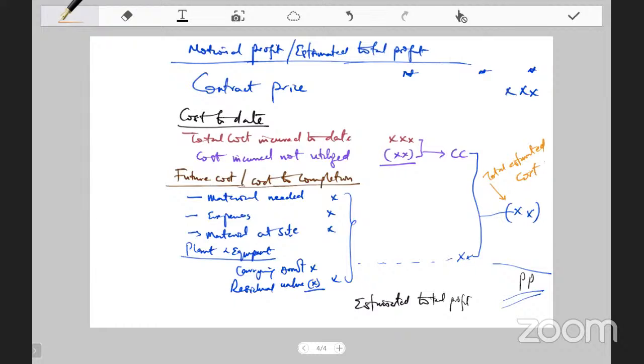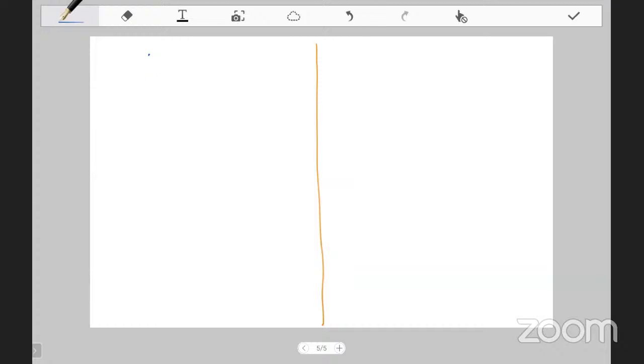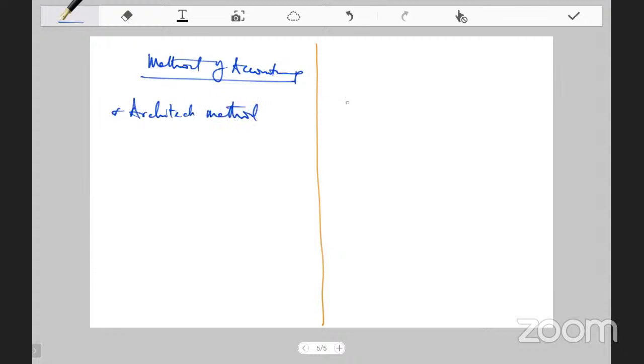Any question, class? Okay. In the absence of any question, let's now look at the method of accounting. As I've said to you earlier, there are basically two methods of accounting we'll be looking at here. We have the first one that we call the architect method, and we have the second one which we call the work in progress.